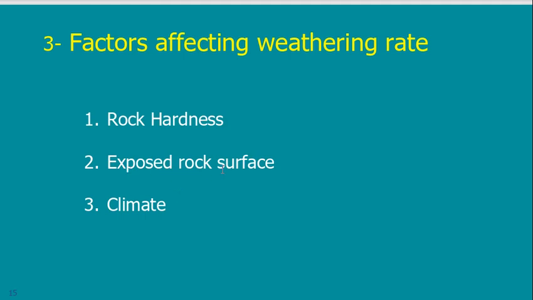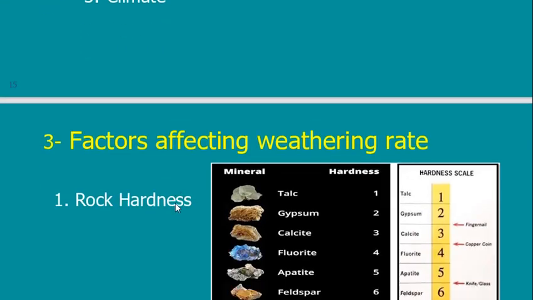Exposed rock surface. If I have rock below ground and rock on top of the ground, the rock on top of the ground will weather quickly. Climate, as I said before, if I have water or I have a dry condition, if I have just a dry place, then weathering will be slower.